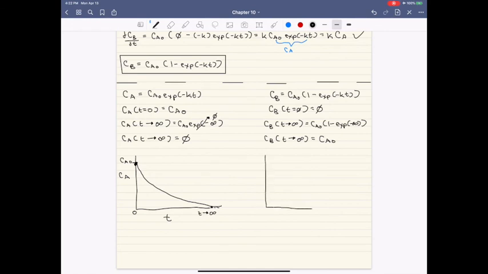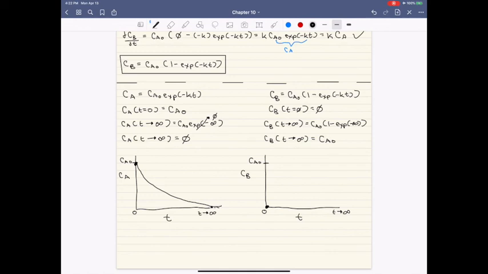Let's now draw a similar sketch for Cb, where the y-axis is the concentration of B, where I'll draw that this value is Ca naught. The x-axis is time, where on the left it's 0 here, and on the right time approaches infinity. At time equal to 0, the concentration of B is also equal to 0.